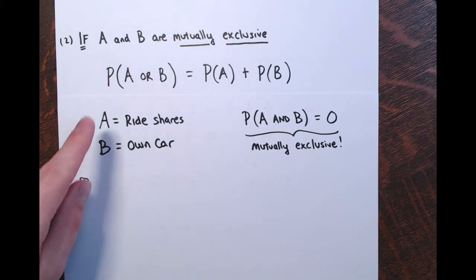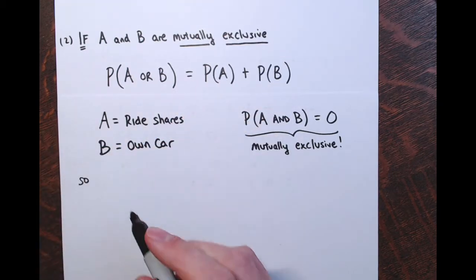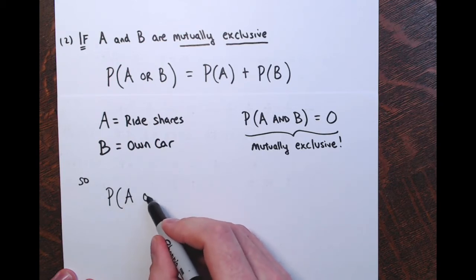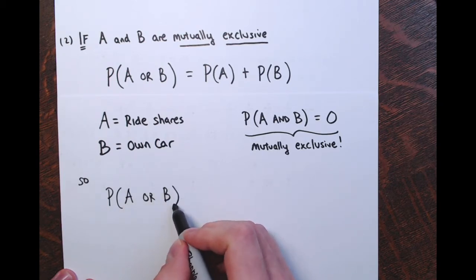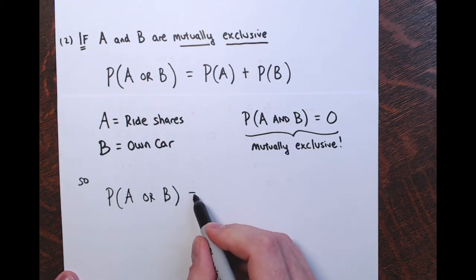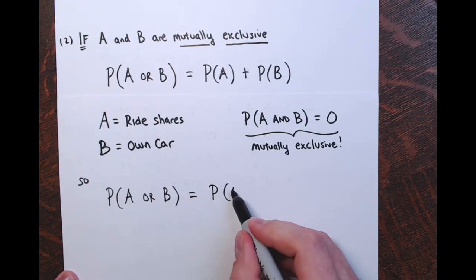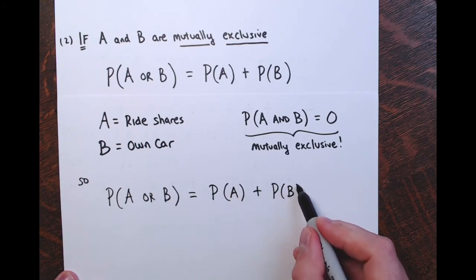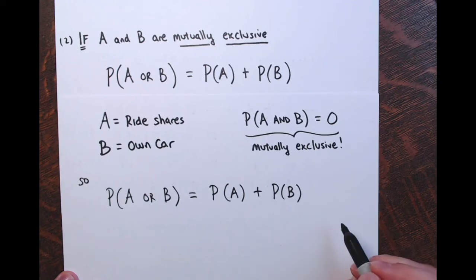So we're using this addition rule now instead. The probability of A or B, that's what they're asking for. They're asking, what is the probability that Randy ride shares or drives his own car? So ride shares or drives his own car would be equal to the probability of ride sharing plus the probability of driving his own car minus 0.